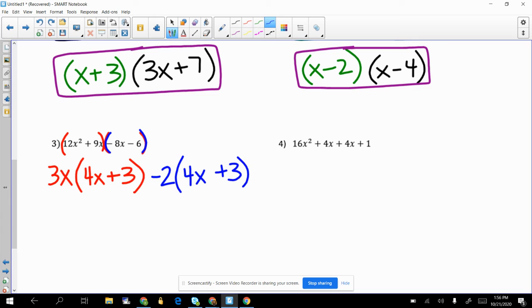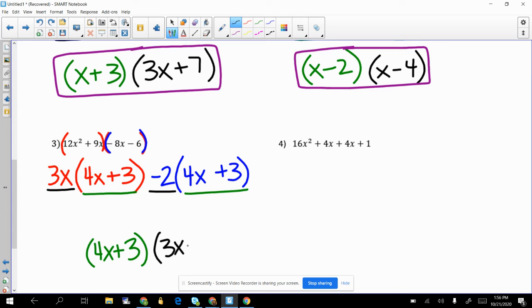All right, so negative 2 is the right thing to take out because these match. So that's my first set of parentheses. And then your GCFs are your second. So 3x minus 2.